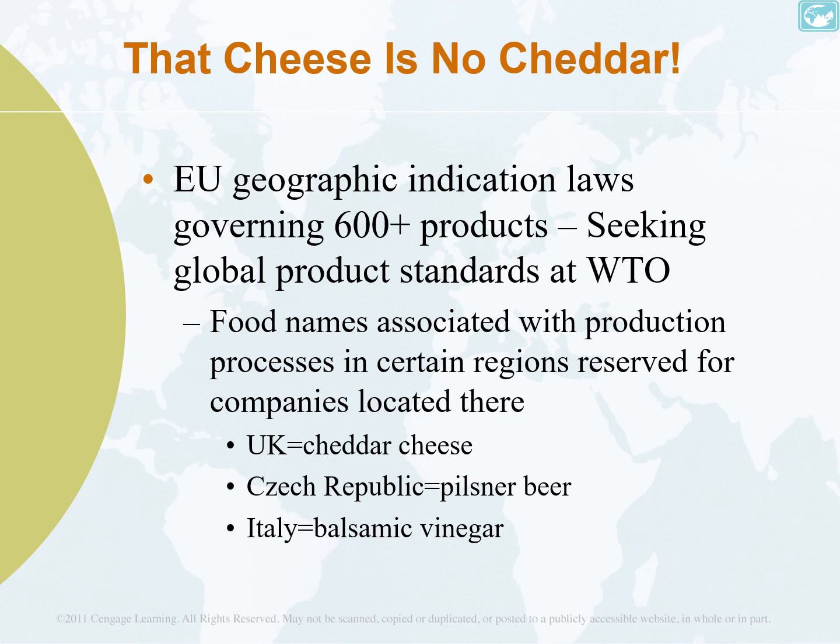EU geographic indication laws. The EU has a geographic indication law governing 600 or more products, seeking global product standards at the WTO. They argue that food names associated with the production process in certain regions are reserved for companies located there.